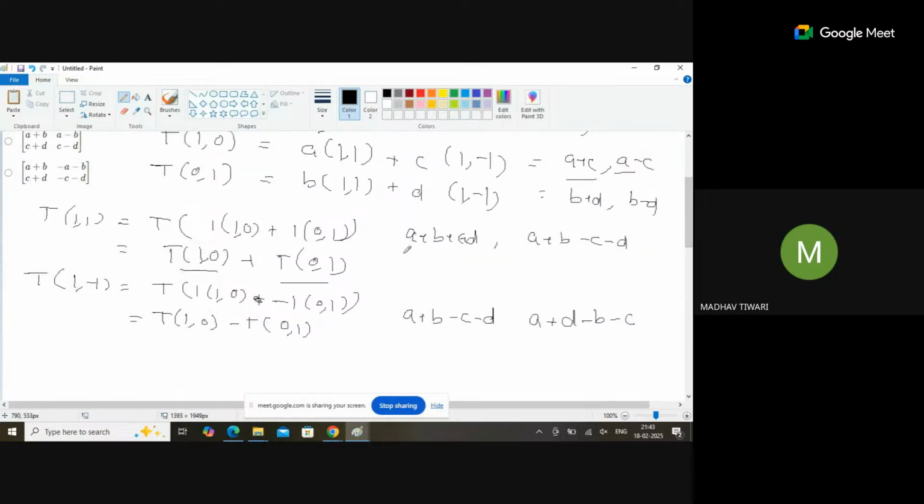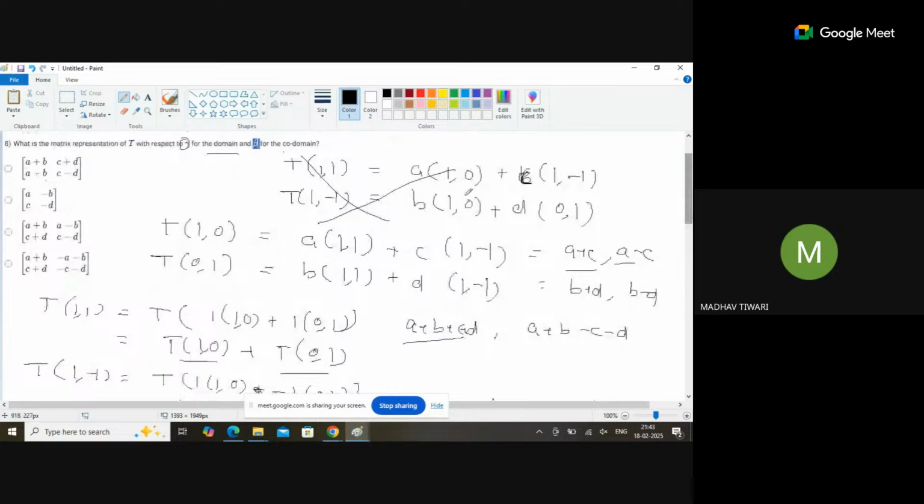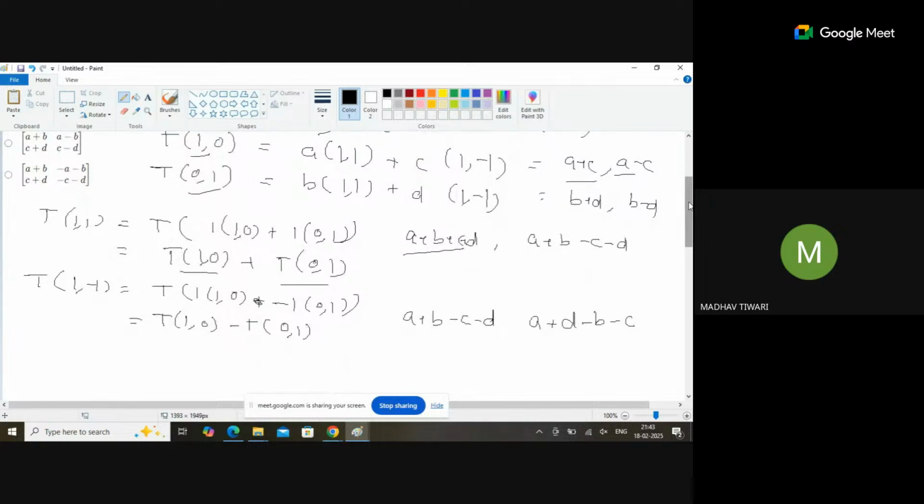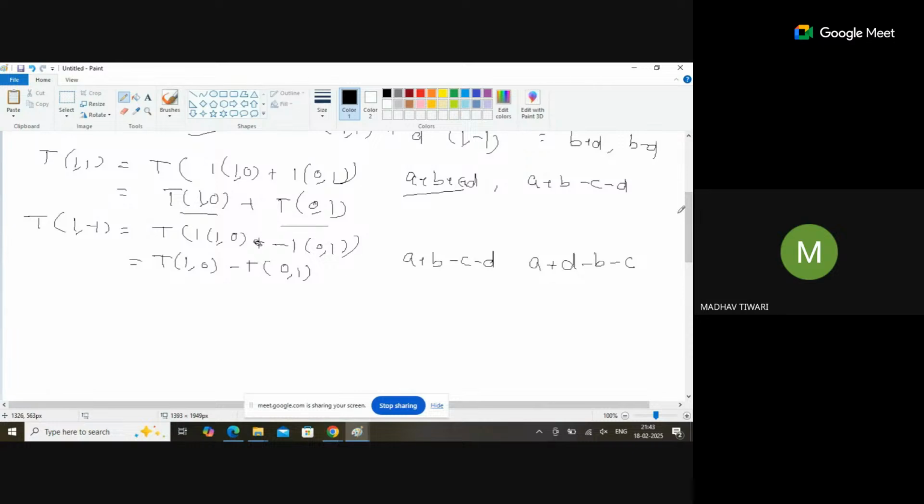Okay, so I have to write down these things using this. Where is (1, 0) and (0, 1)? So okay, that's fine. So I can say it is a plus b plus c plus d times (1, 0). Okay, and plus a plus b minus c minus d times (0, 1), right?